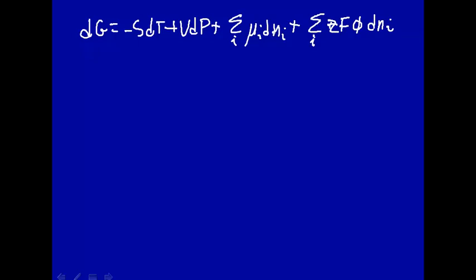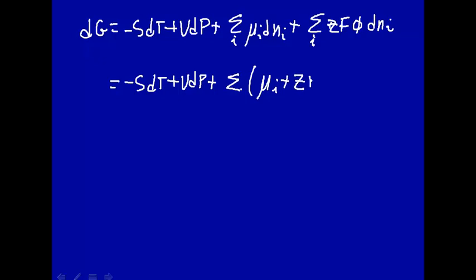We can simplify this. There's a dNi here and a dNi here, so we can pull that out, and that'll be minus S dT plus V dP plus the sum of mu i plus ZF phi, these are all i's, dNi.